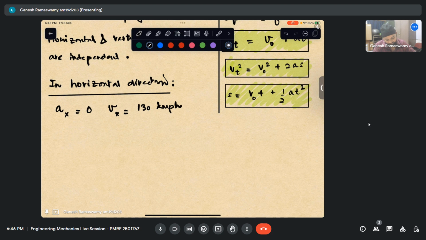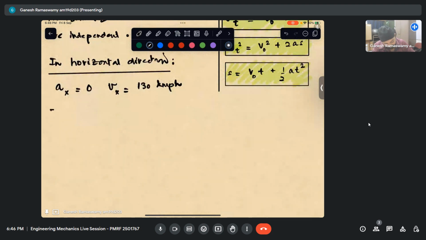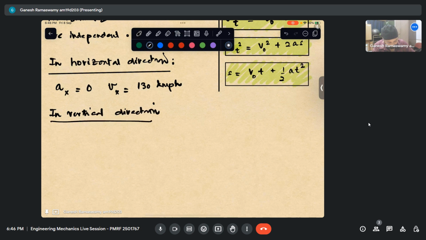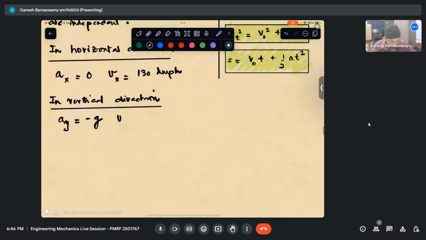Similarly, in the vertical direction, I have ay equal to minus g. I have initial velocity in the vertical direction as 0 because it was released horizontally. So essentially this is 0.